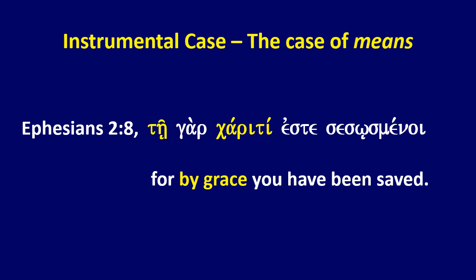The only thing that seems to make sense in Ephesians 2:8 is the instrumental case, and thus it's translated for by grace you have been saved. So whenever you see a use of instrumental case form in a sentence, you will translate it with or by.